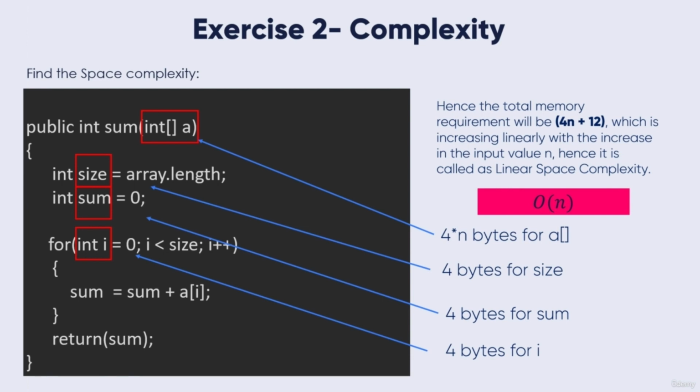So 12 will be eliminated because 4n is the highest term. The 4 times n, 4 is a constant, so we remove it. So we have n as complexity, O of n according to the big O notation. This is how we solve the space complexity.